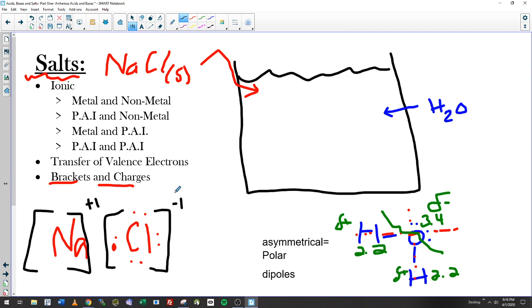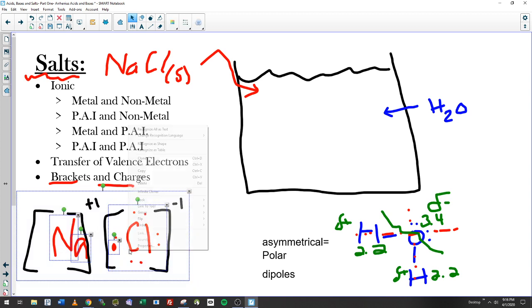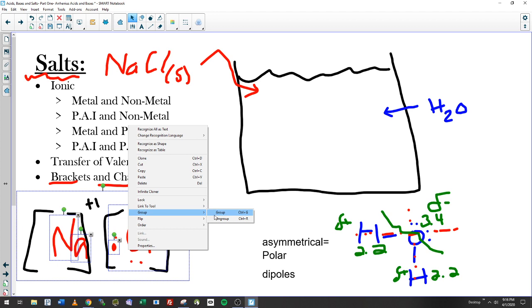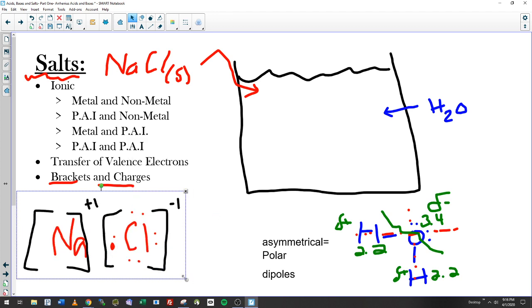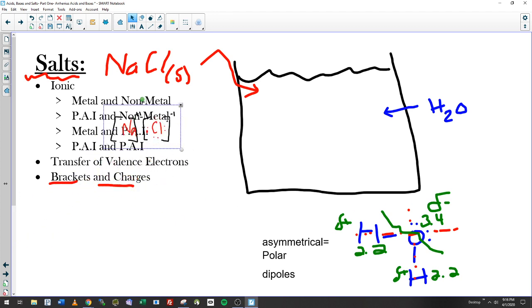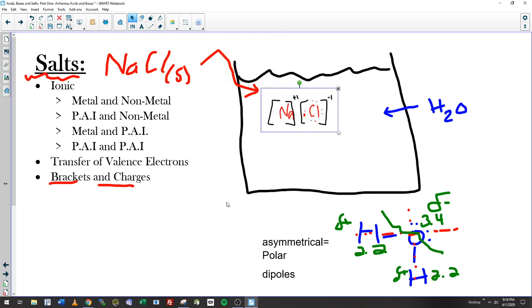Artistic sketch of what just went on here. This is the Lewis dot diagram for something like sodium chloride. And I'm going to group this entire thing. Group. Awesome. I'm going to shrink this guy down, and I'm going to dump this compound into the water. For the sake of cleaning, let's get rid of these numbers.